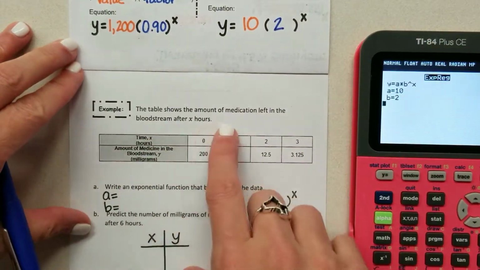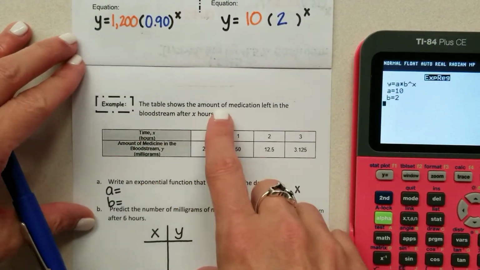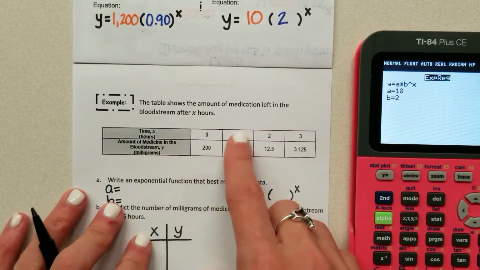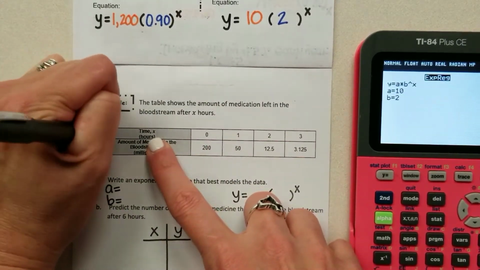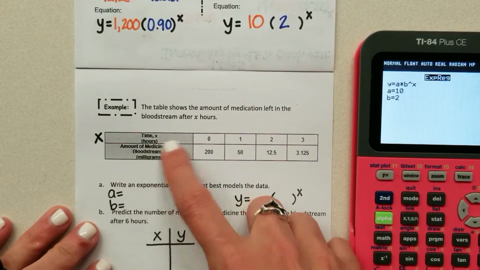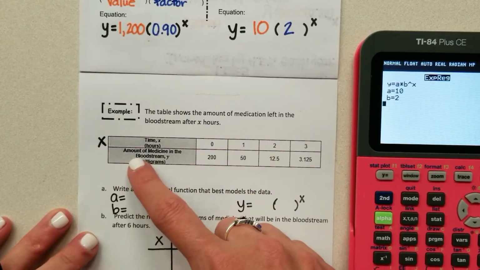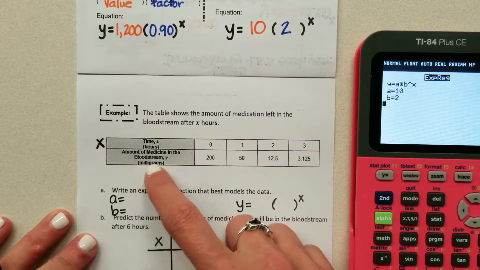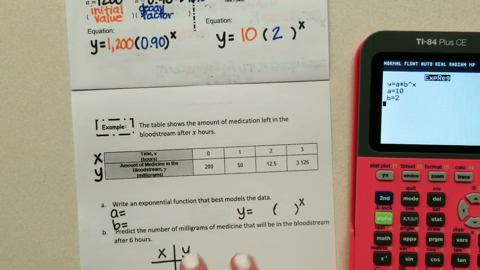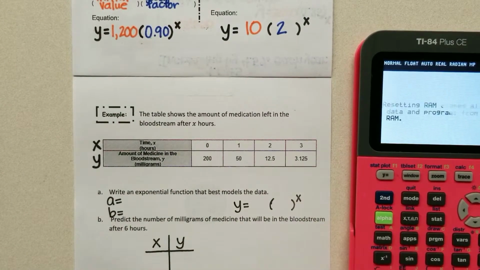And now looking at an example, that's a word problem. It says the table shows the amount of medication left in the bloodstream after x hours. So our top row is time, and they made it nice and told us that those were x, but we knew it was x because we're talking about hours. And then the amount of medicine in the bloodstream being measured in milligrams, those are our y values. Now we're going to write an exponential function to model this data.